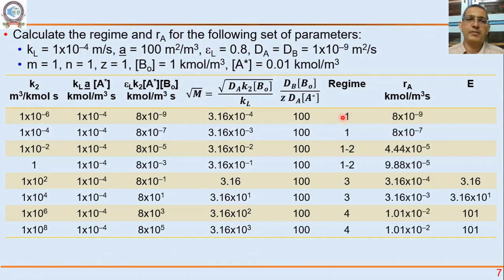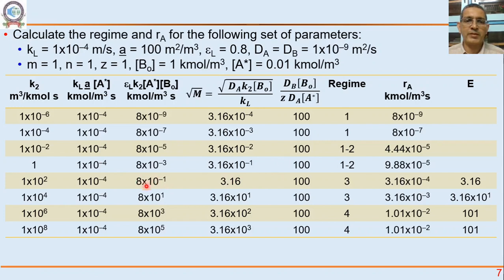This is the answer. Look at this. KLA is far greater than epsilon L K2 A star B naught: regime 1. KLA is far greater than this, regime 1. KLA and epsilon L K2 A star B naught are comparable: between 1 and 2, root M is less than 3.